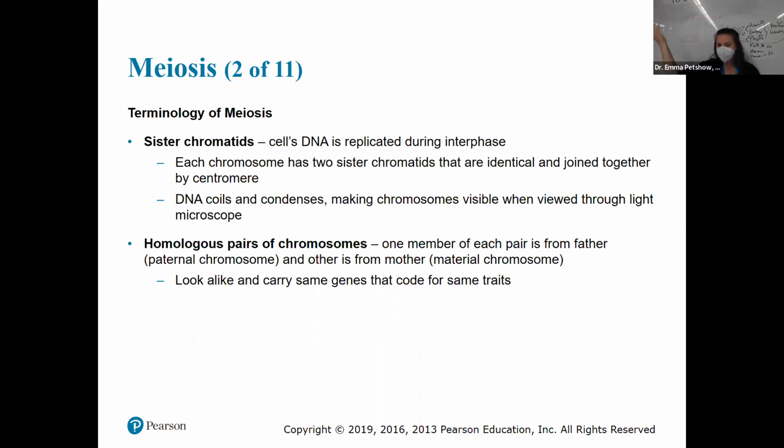Then we have DNA that's going to coil and condense, making our chromosomes visible, because we can't see them normally until they condense. And then our homologous pairs of chromosomes: one member of each pair is from the father, the paternal chromosome, and one is the maternal chromosome. They look alike, they carry the same genes and code for the same traits.